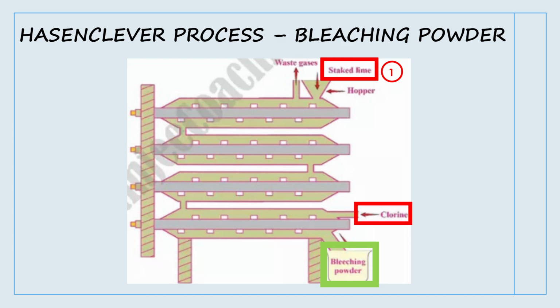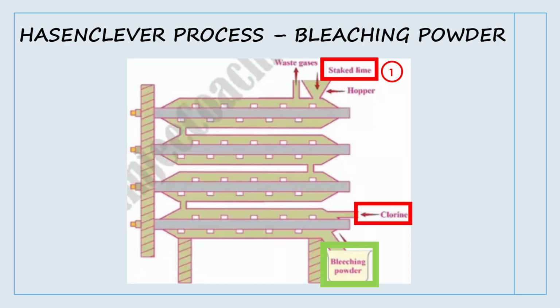From the upper portion of the system, dry slaked lime is fed through the hopper, which further moves forward by the rotating shafts. In the lower part of the cylinder, the chlorine gas is entering, which rises up and reacts with the slaked lime to form the bleaching powder.